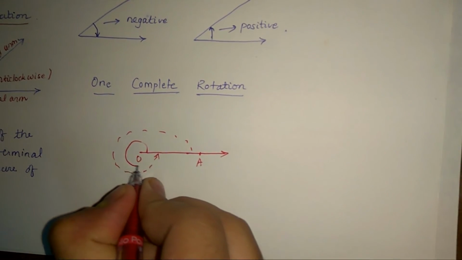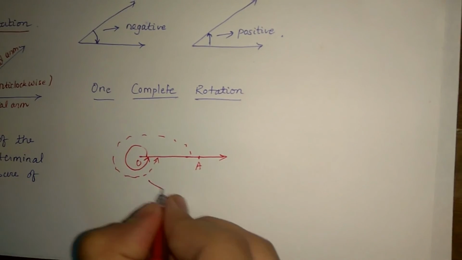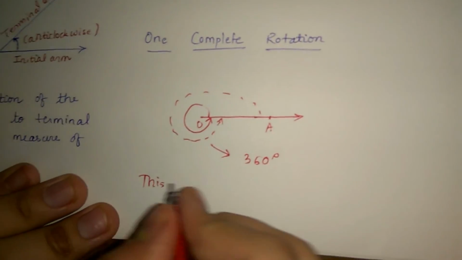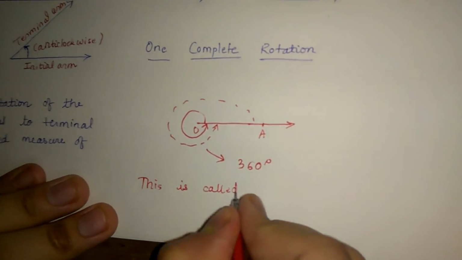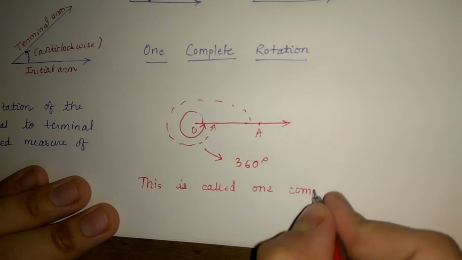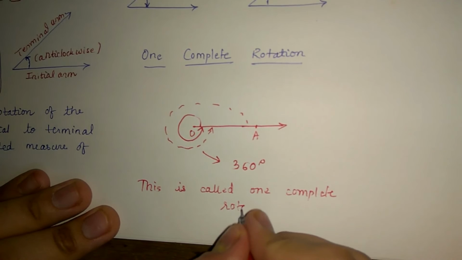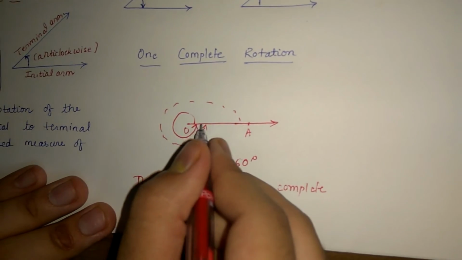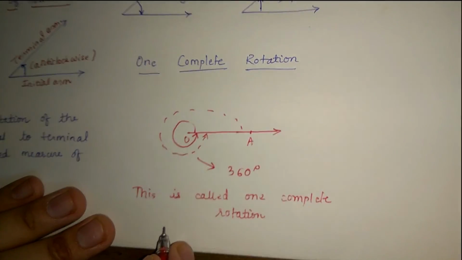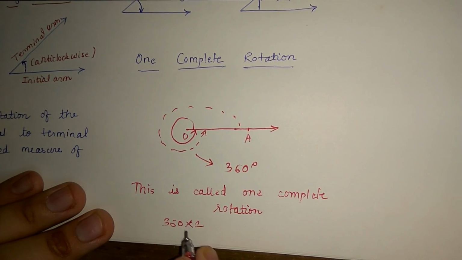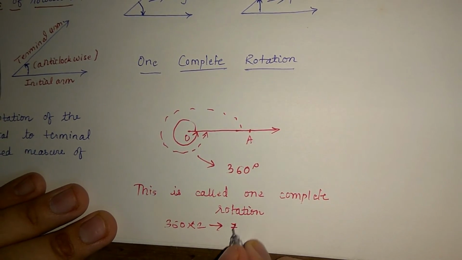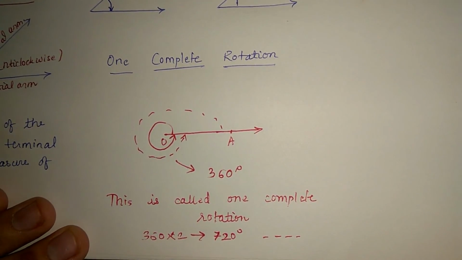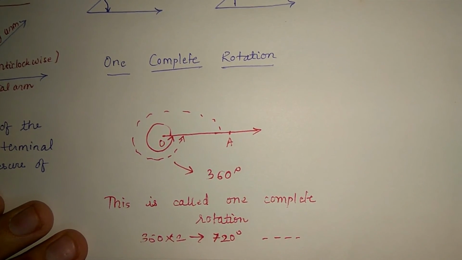Then the complete rotation this way is 360 degree, and this is called one complete rotation. Okay, so if I rotate it the second time, it will be 360 into 2, that is 720 degree, and so on and so forth. If I do it repetitive times, it will be multiple of 360 degree.